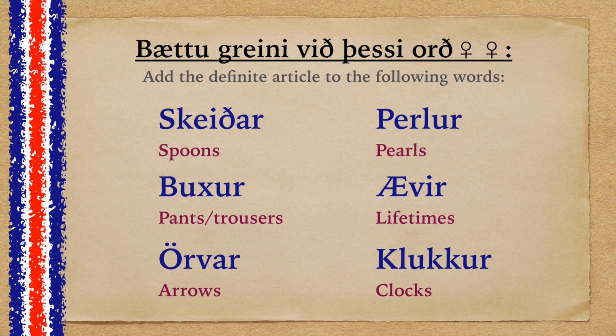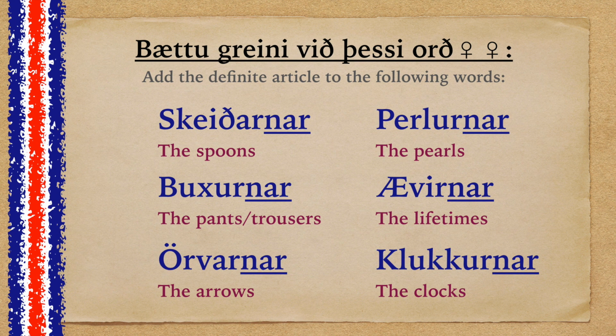Now let's move on to the plural, female. And as you can see, we had all these different endings before, but now in the plural, all the female words magically have R at the end. So press pause, take all the time that you need, and now I'm going to assume you did this and give you the answer.